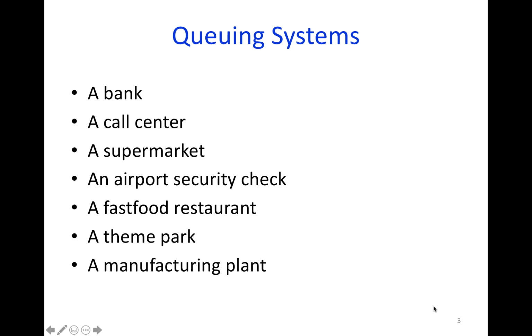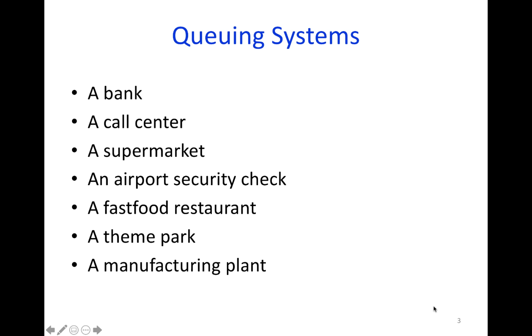The same situation holds for a supermarket, for controlling the traffic that we may observe at the airports and so forth. So in all these systems, as you can see, there is a line, a queue of customers that try to get the service, and then there is a server or multiple servers, for example, the agents, the people who check out at the supermarket.